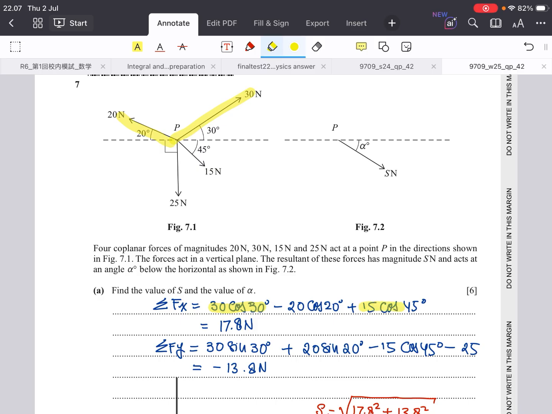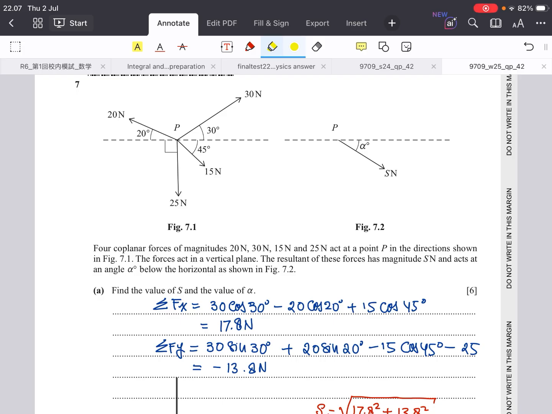And then F3, the x component of F3 is 15 cos 45 degrees. While F4, since it is directed downward, F4 has no x component. So the net force in x direction is 17.8 Newton.